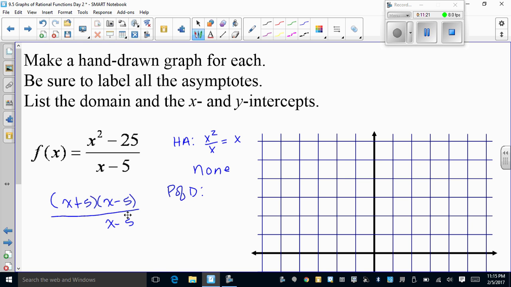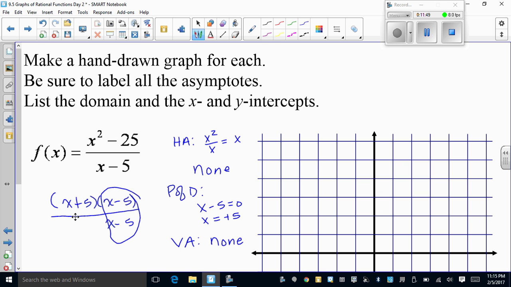So these will cancel out. They'll reduce out, so this is going to be x minus 5. So x equals positive 5. And then vertical asymptote: there is none, because what was in the denominator, I already reduced out. So I'm only left with x plus 5.